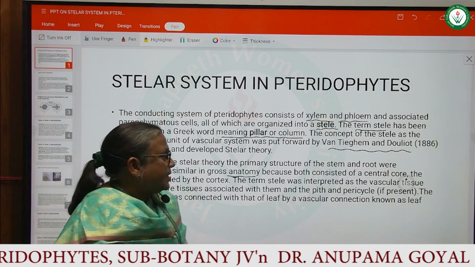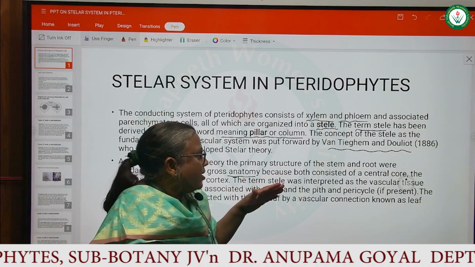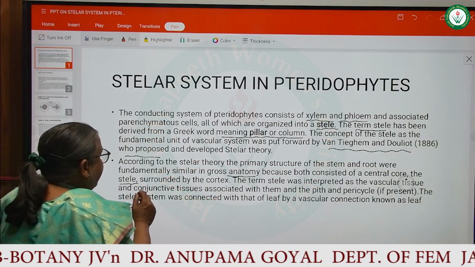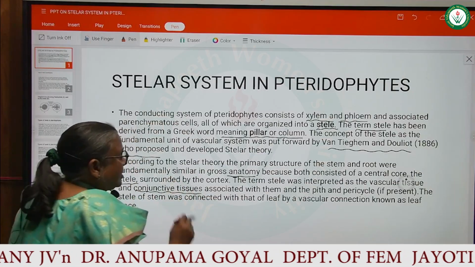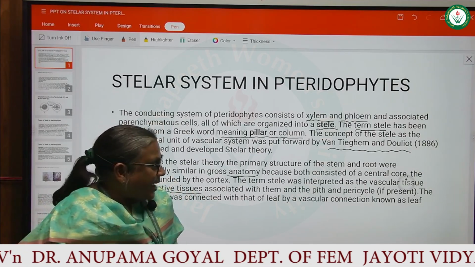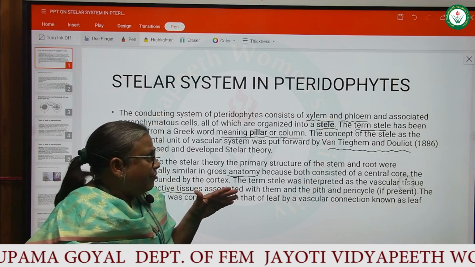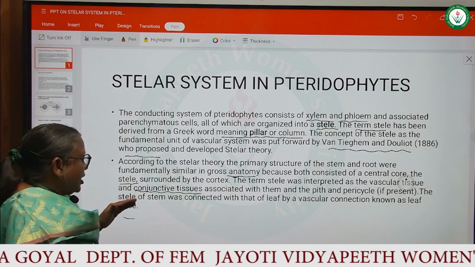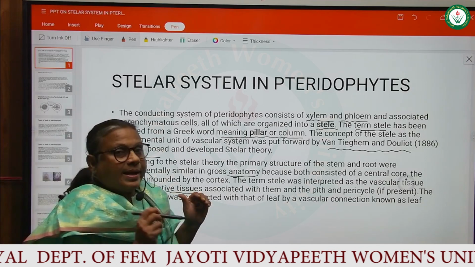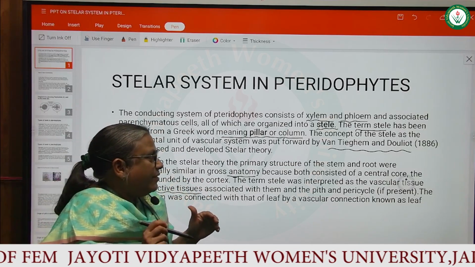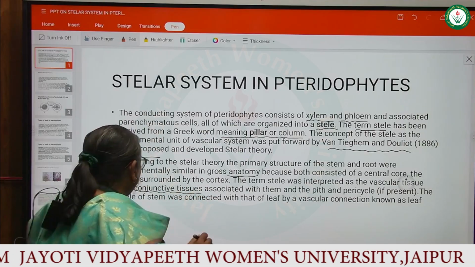The term stele was interpreted as the vascular tissue and conjunctive tissues associated with them, and the pith and pericycle if present. The stele of the stem was connected with that of the leaf by a vascular connection known as the leaf trace.